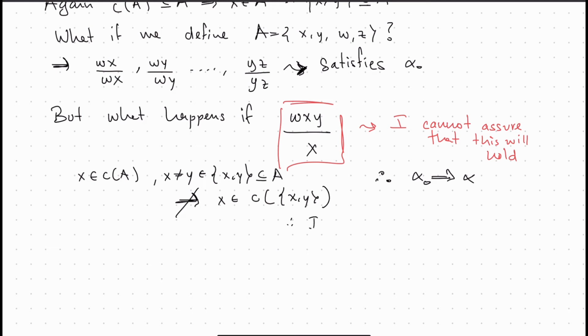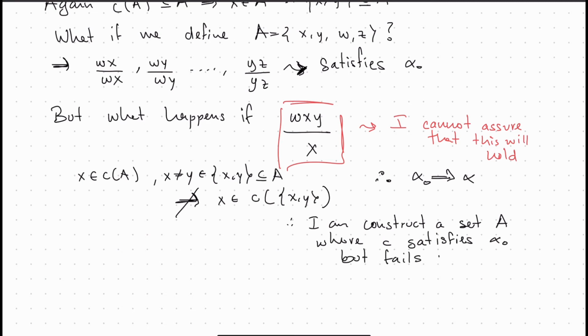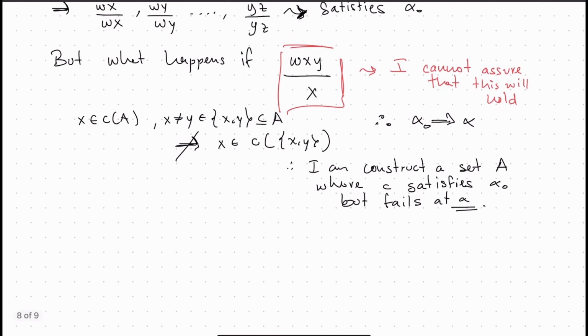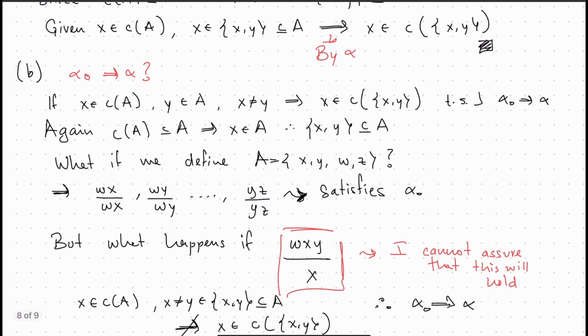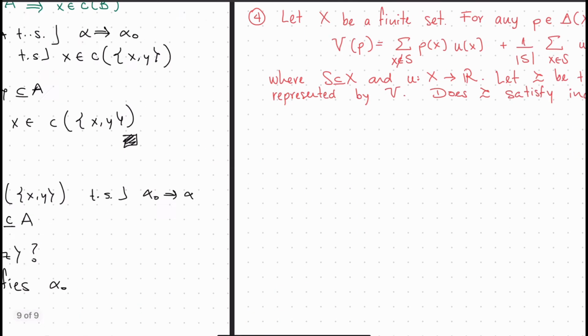Therefore, I can construct a set A where C satisfies alpha 0 but fails alpha. Okay, so that's that, and we'll go to the last question, which is actually a pretty easy one.